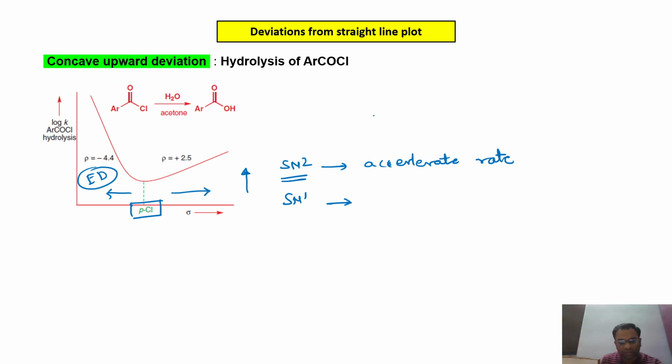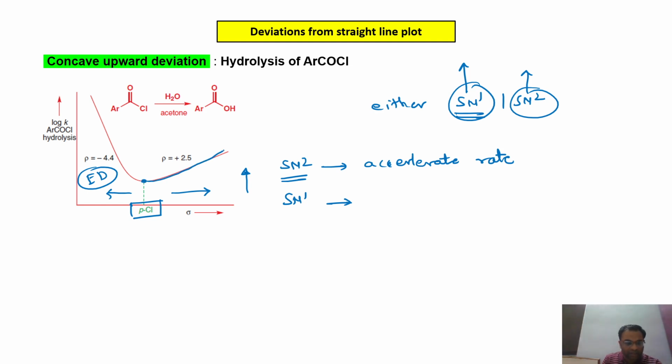each substituent either favors the SN1 reaction or the SN2 reaction. When it favors the SN1 reaction, it accelerates the rate of reaction. At the same time, those substituents which favor the SN2 mechanism also accelerate that particular mechanism, and therefore the rate of reaction increases on the right-hand side and the left-hand side also.